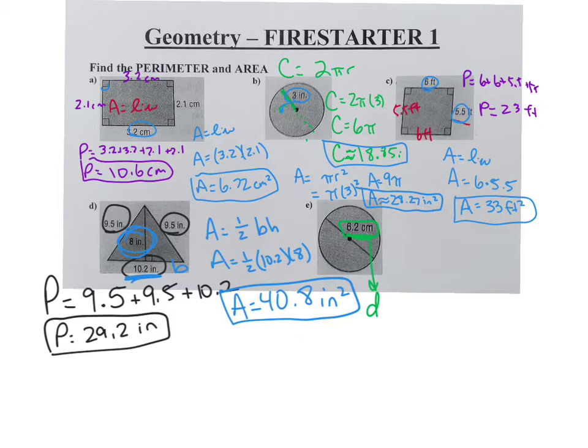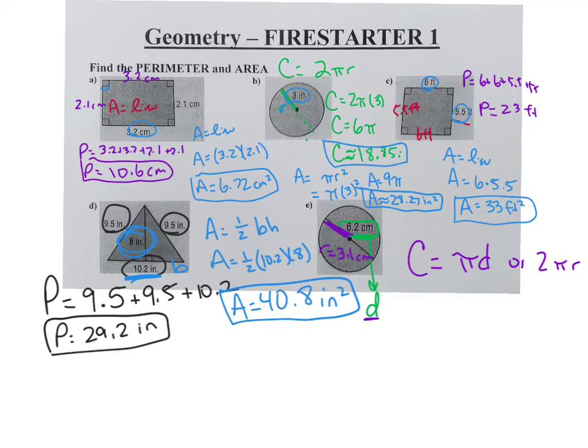So to find the circumference, remember circumference is equal to pi times the diameter or 2 pi r. Now, if you're going to use it as D, you use 6.2, or you could say R is 3.1 centimeters.